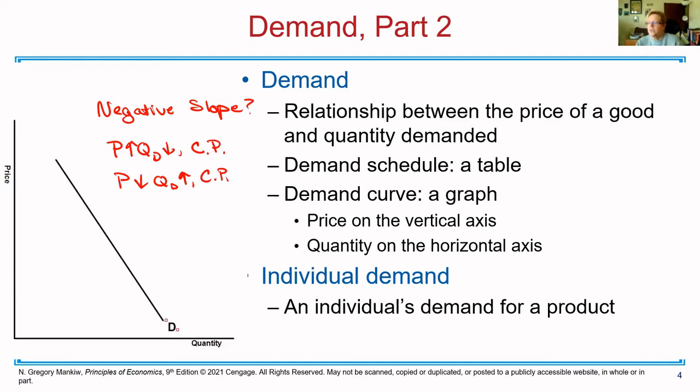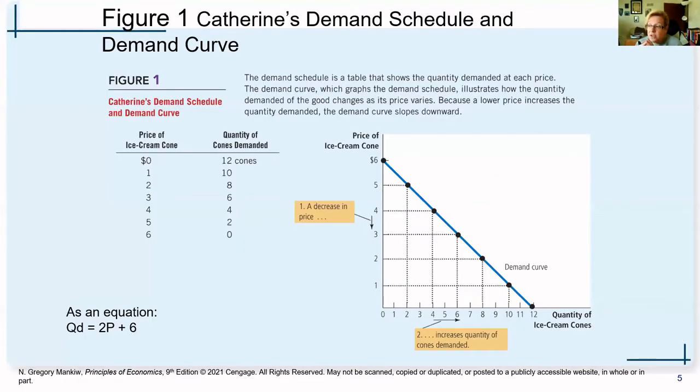All right, so here are the three different ways we can look at a demand. The first one is we have price and quantity of ice cream cones. So here is the price of ice cream cones. If we give them away, Catherine, and we're just talking about Catherine now, so this is her individual demand, she'll eat 12 of them.